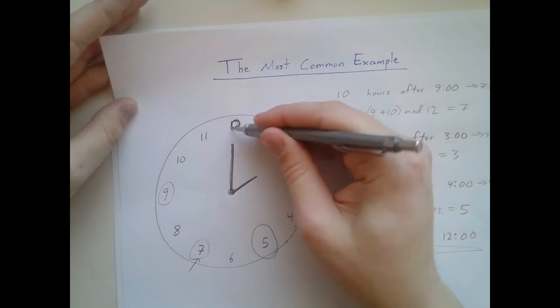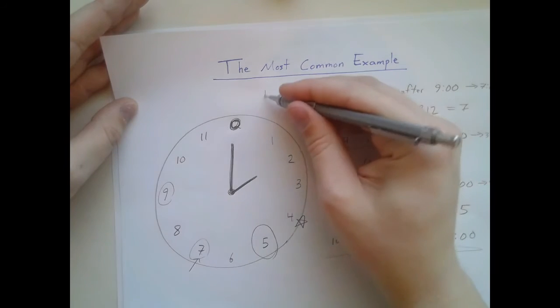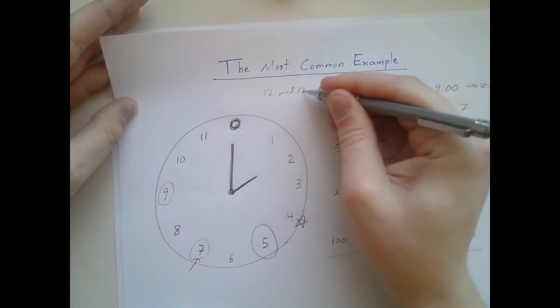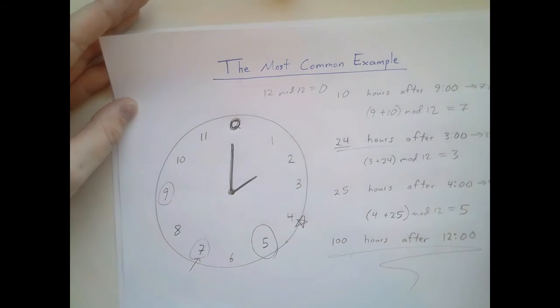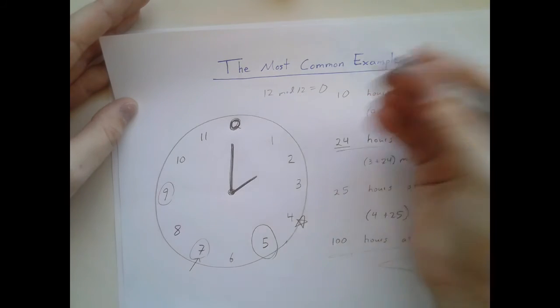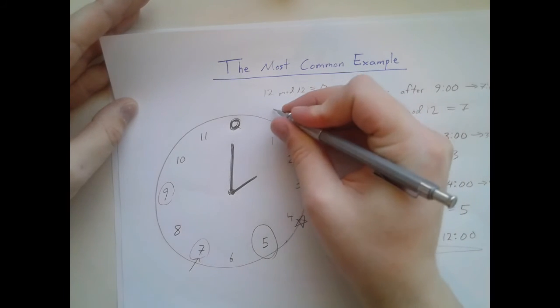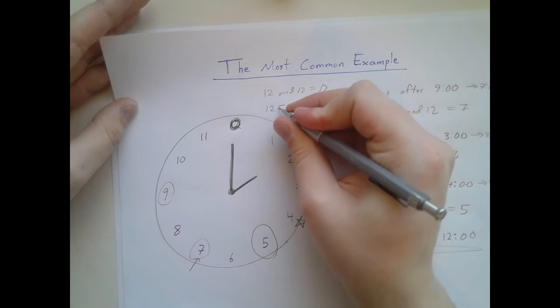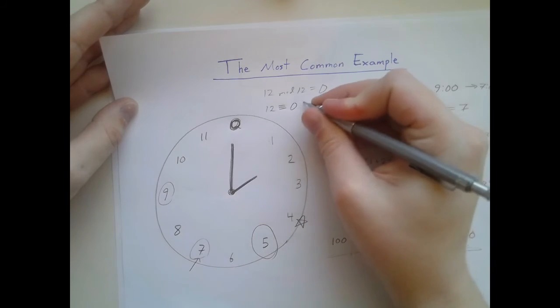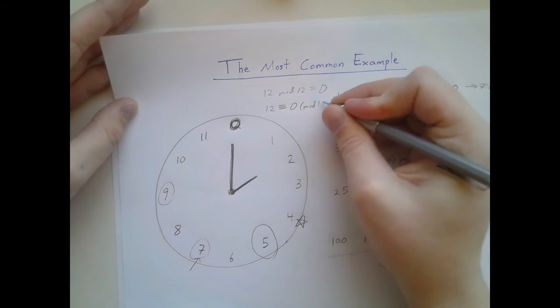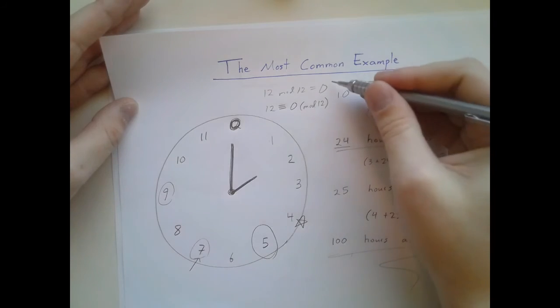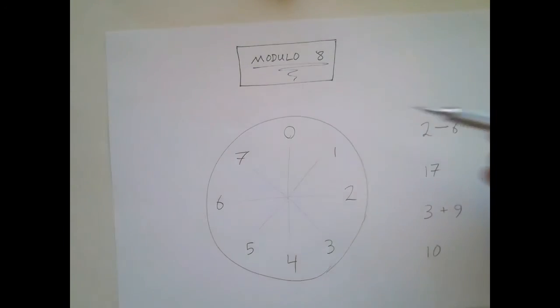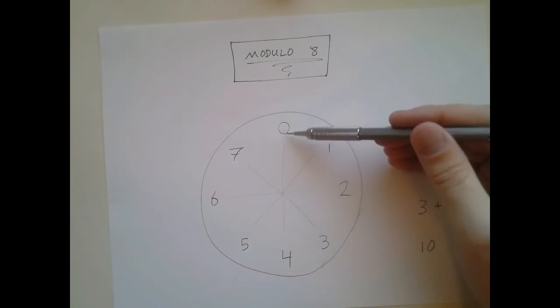But you wouldn't actually use 12. So 12 mod 12 would actually be 0. Or the other way, you could say 12 is congruent to 0 in mod 12.